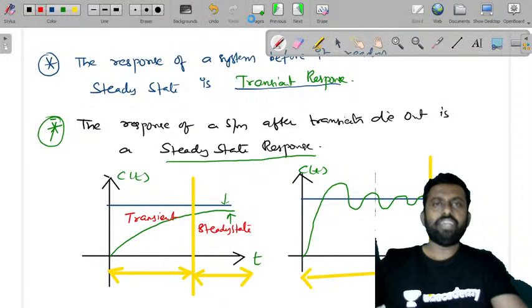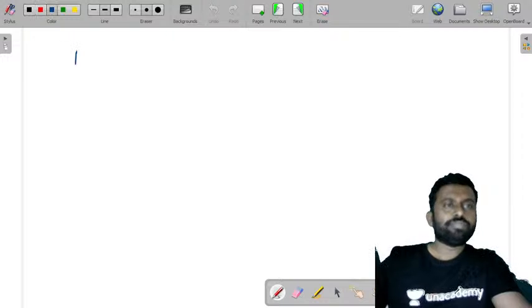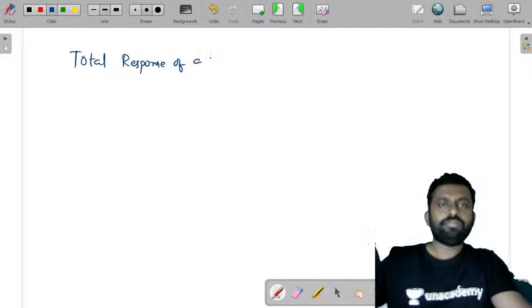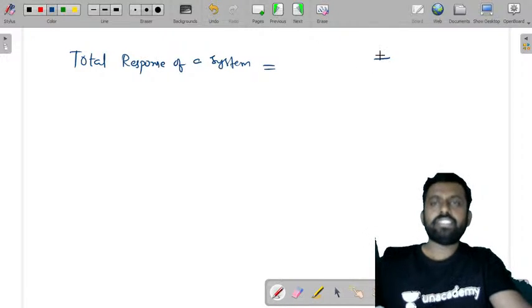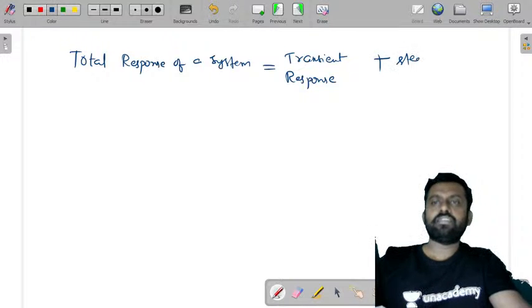Now what can we infer from this is the total response of a system. The total response of a system is equal to the sum of transient response and steady state response.